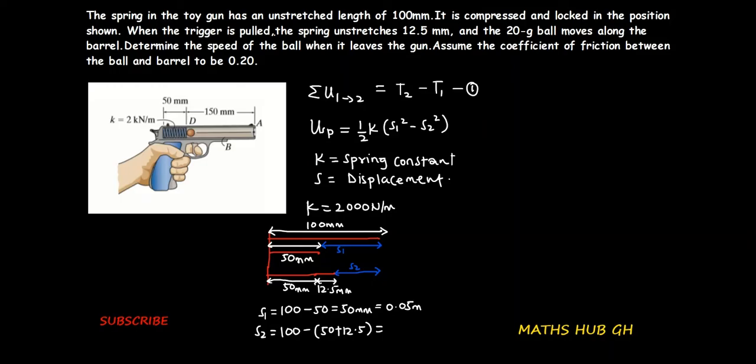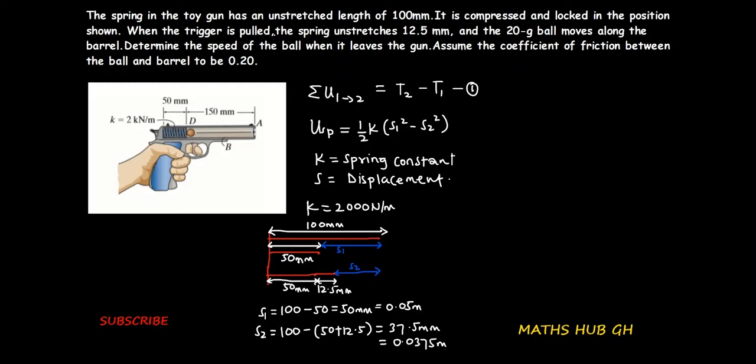So when you do this, you are going to get 37.5 millimeters. Let's change this to meters. So that will be 37.5 times 0.001. That gives us a value of 0.0375 meters.